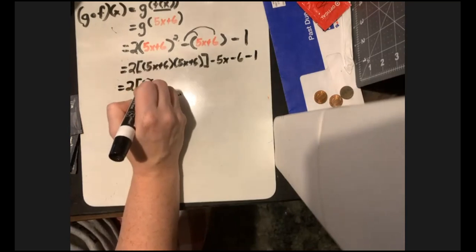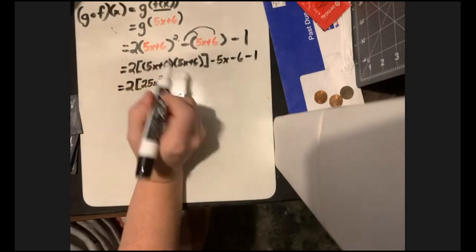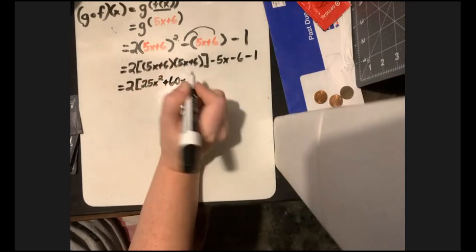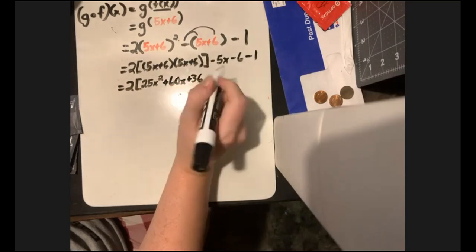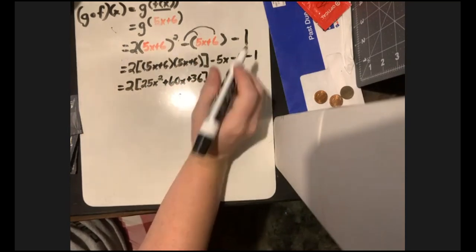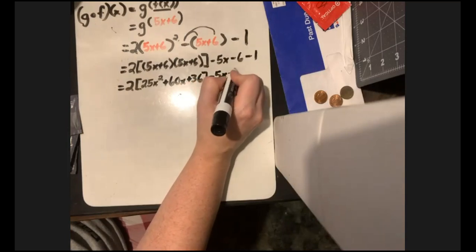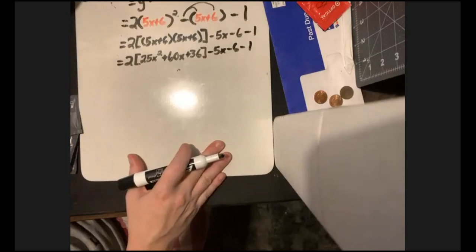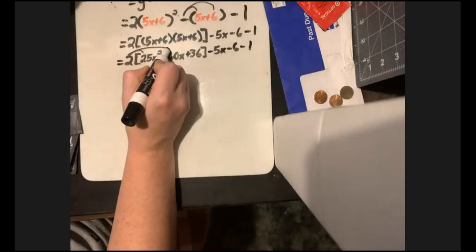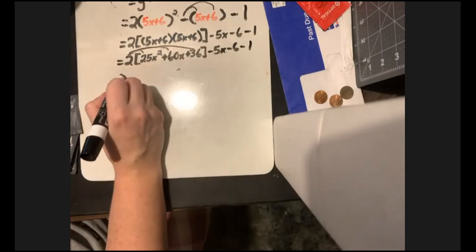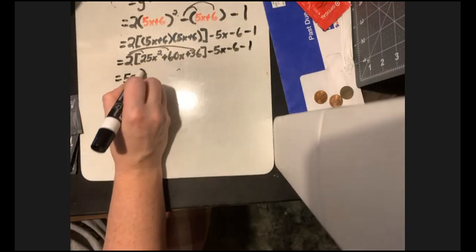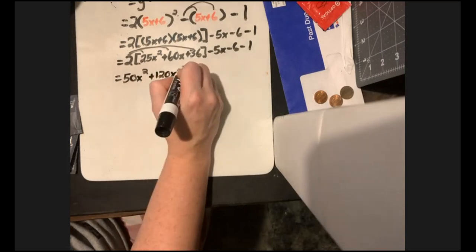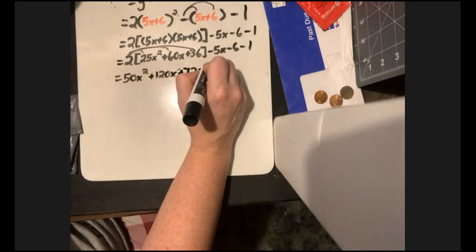Multiplying, I'm going to get 25x squared. It's going to be 60x, and plus 36. And again, I've still got the rest of this. I'm going to multiply that 2 through the line. So I'm going to have 50x squared plus 120x plus 72 minus 5x.